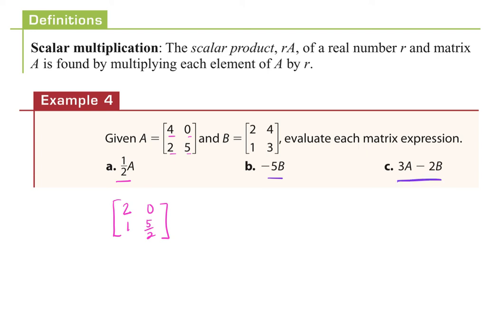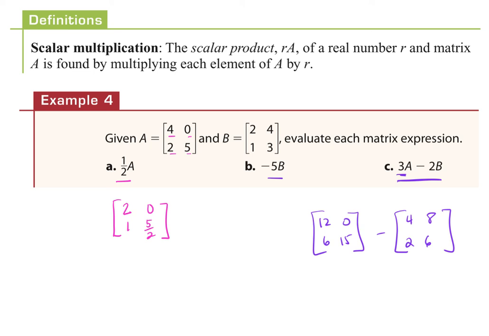And then you can get a combination of them. You are going to use order of operations, just like you would. Meaning, I will do my scalar multiplication first, then I will do my addition and subtraction second. And so if I were to do this, I would take my 3 times my A first, and then I would take my 2 times my B, and then I would do my subtraction here, okay?